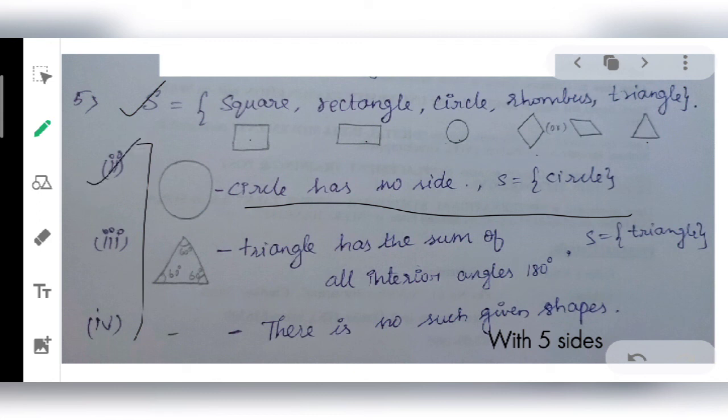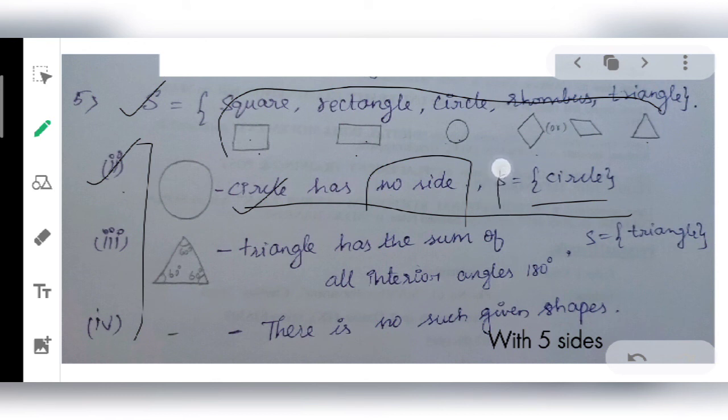In the second question, we are asked to choose the shape with no sides. We know that the circle is the only element with no sides, and in the given shapes only the circle has no sides, and the other shapes have sides. So the second question's answer is S equal to the set of circle.